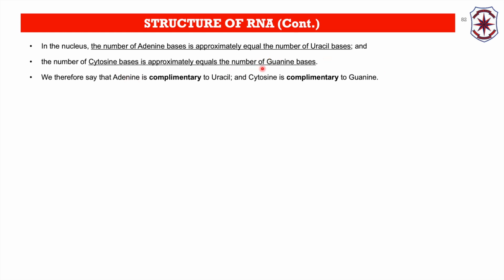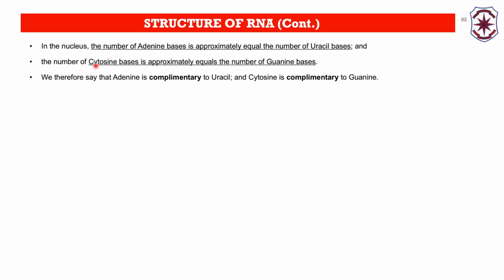Cytosine, guanine, and adenine are found on both DNA and on RNA. However, uracil is only found in RNA, and thymine is only found in DNA. All right. Now, if we have 50,000, for example, adenines, we approximately will have 50,000 uracils.